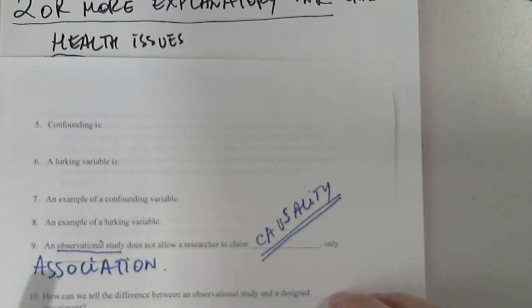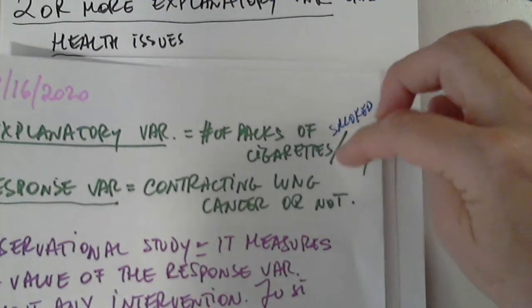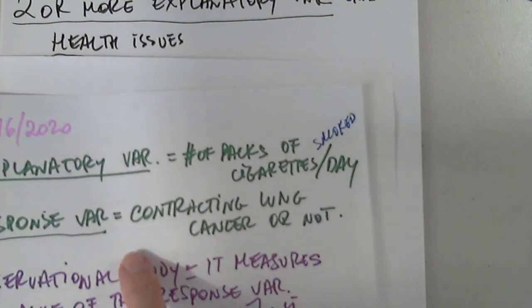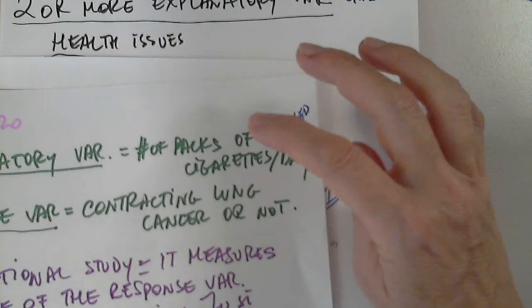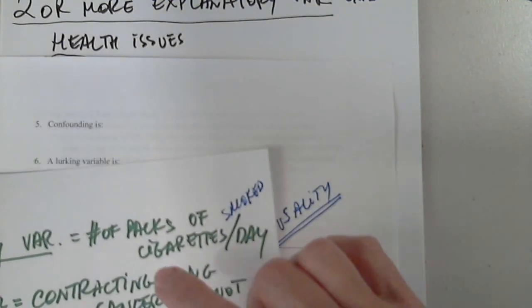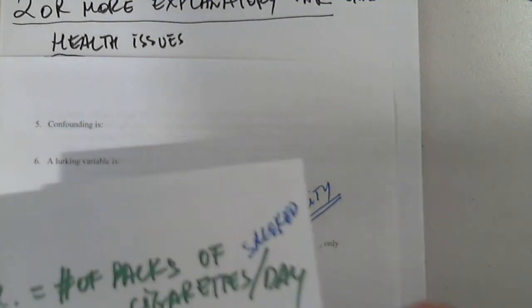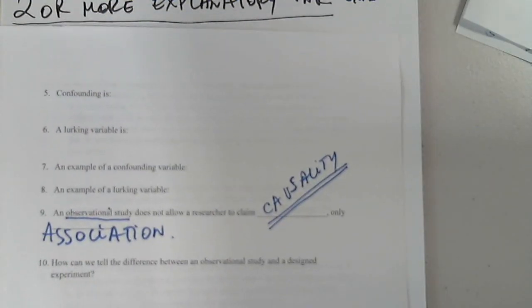It appears from our study that the number of packs of cigarettes smoked per day is associated with lung cancer. But we cannot say that the number of packs of cigarettes smoked per day will cause lung cancer, because it's only an observational study.